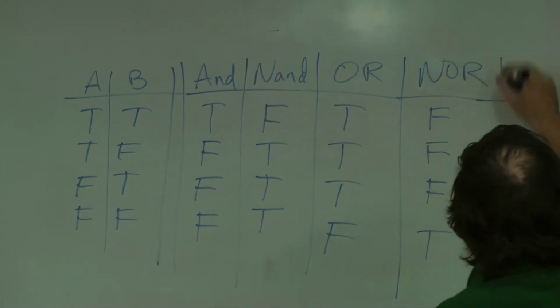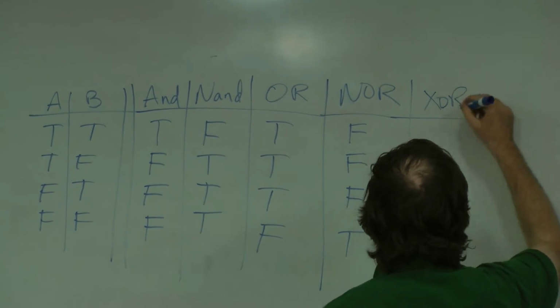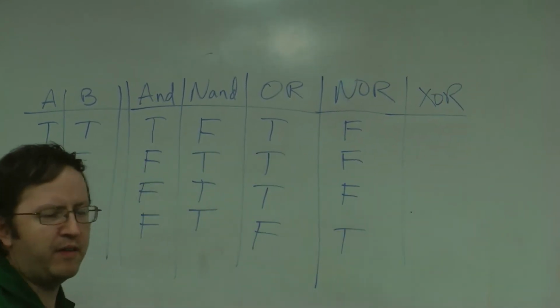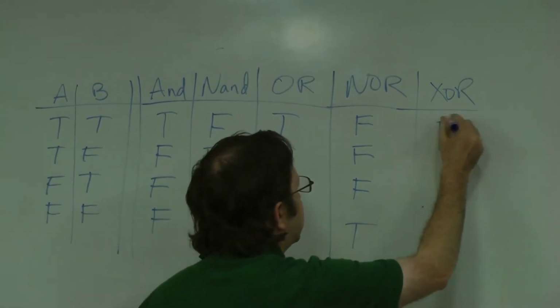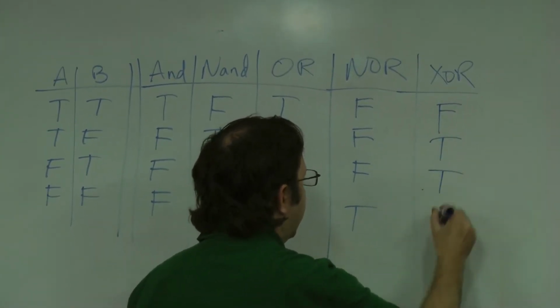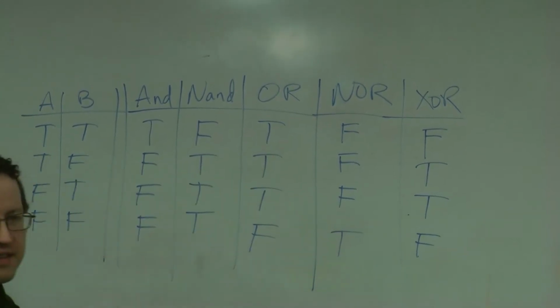And finally, you have XOR, or exclusive OR, which is true only if one or the other is true, and otherwise it's false.